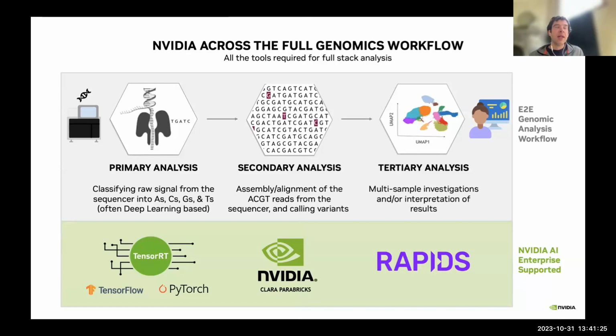I'm going to dive into this a little bit at the end, and we have a platform called RAPIDS. That's essentially our GPU accelerated version of scikit-learn, NumPy, NetworkX, anything else you want to do.